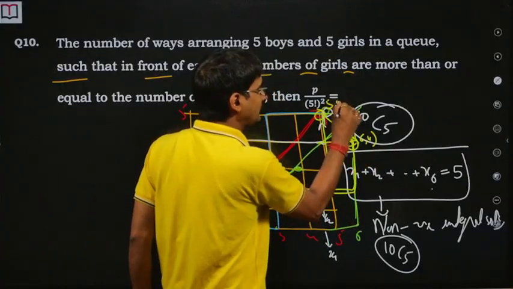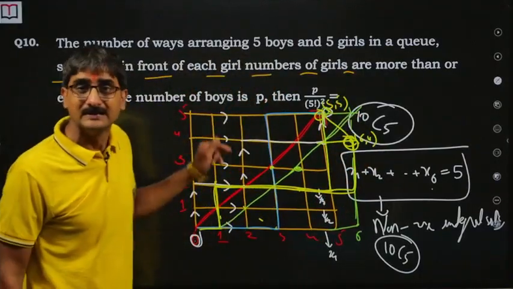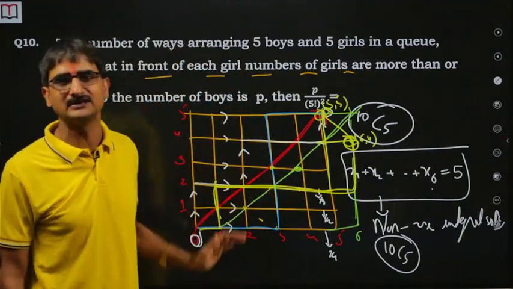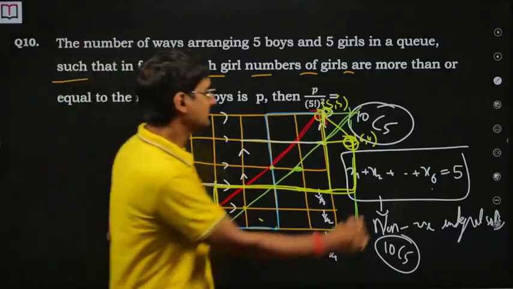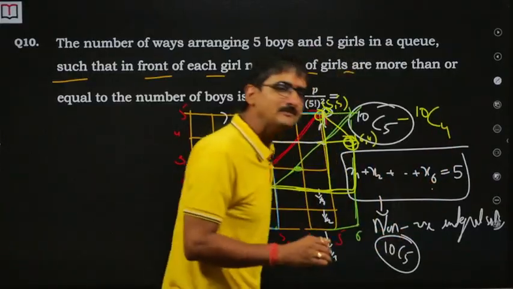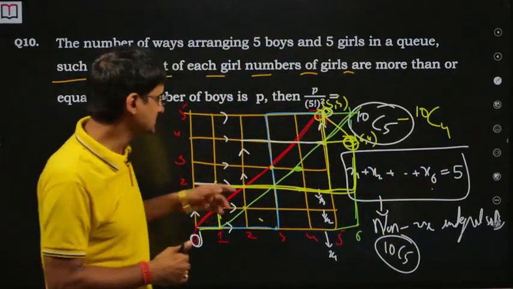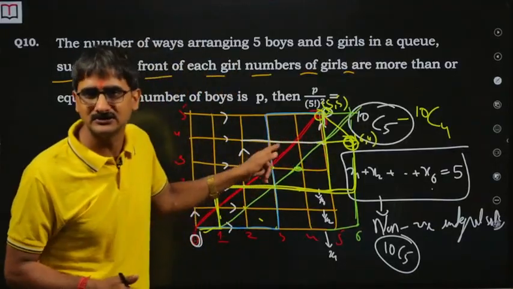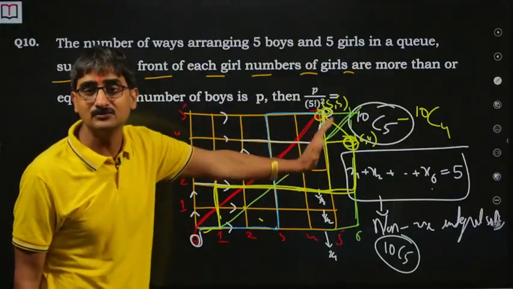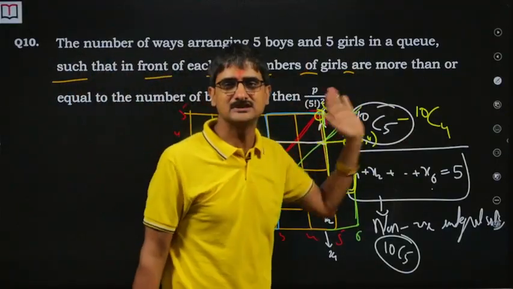That was 5, 5. Either you choose 4 steps vertically or 6 steps horizontally. So this means if I remove this many steps, 10C4, number of ways of reaching from here without crossing the diagonal of this figure, I mean the red diagonal, you get those many ways. So 10C5 minus 10C4.